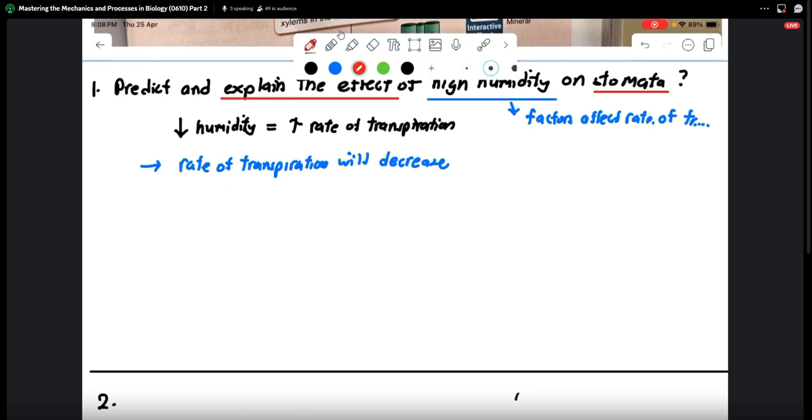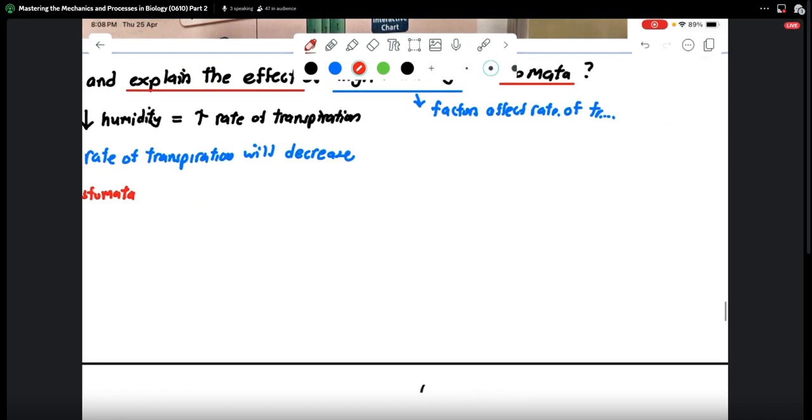So what happens at this point is that the stomata will... how many marks in this question? I would say this question is about 3 marks. Predict 1 mark, explain 2 marks.